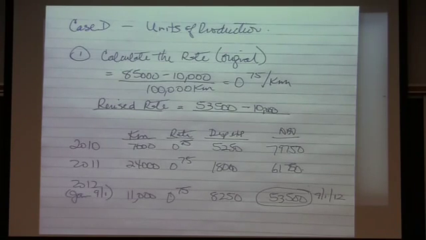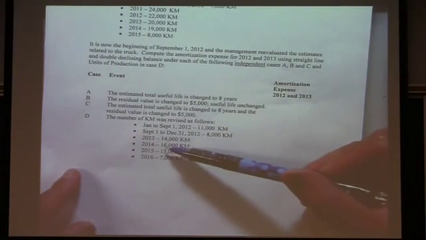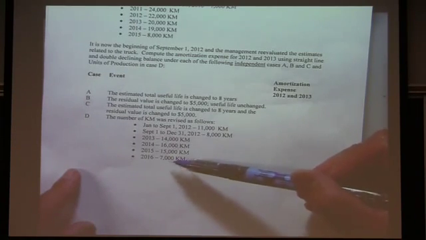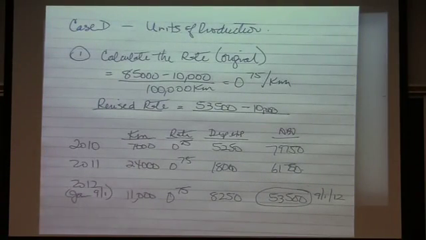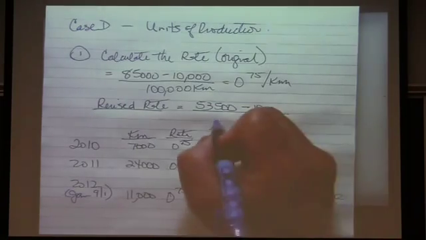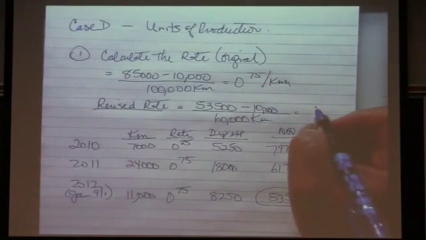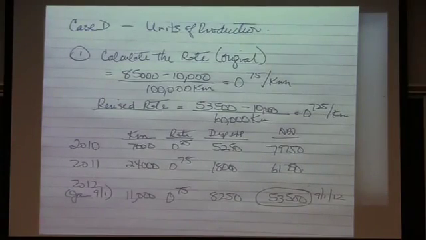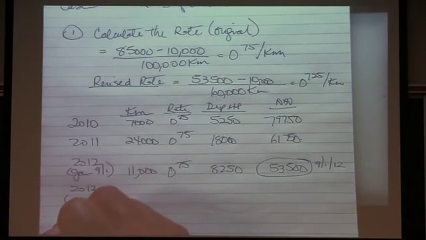In this case, we're going to add the 8,000 plus the 14 plus the 16 plus the 15 plus the 7. Those are the remaining kilometers, and that should give us in total 60,000 kilometers, to give us the new rate of 0.725 per kilometer. And that's what we're going to use for 2012 from September to December 31st.